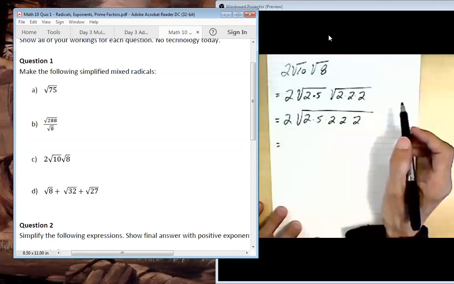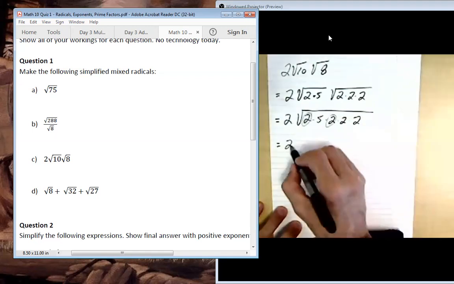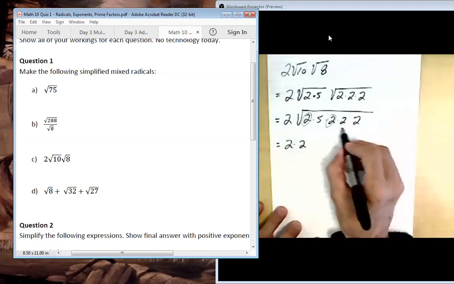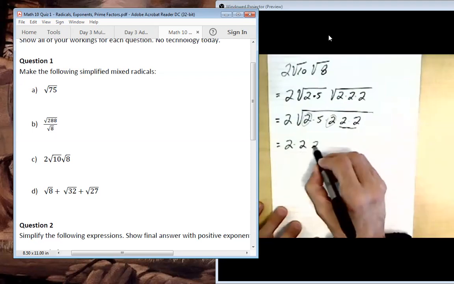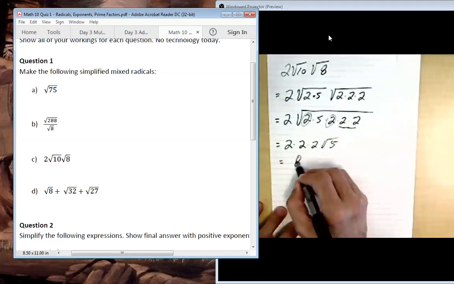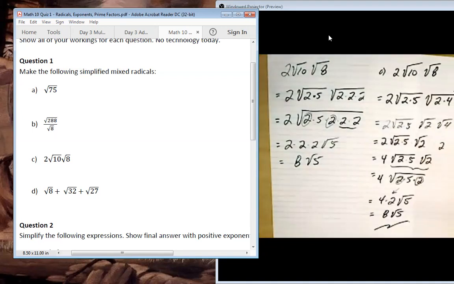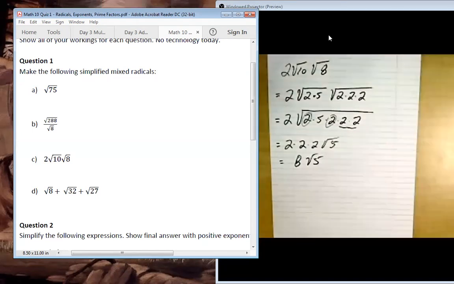Groups of 2. Okay, so maybe it's not that much faster. Maybe it's about the same. That's what we're looking at. Something like that.